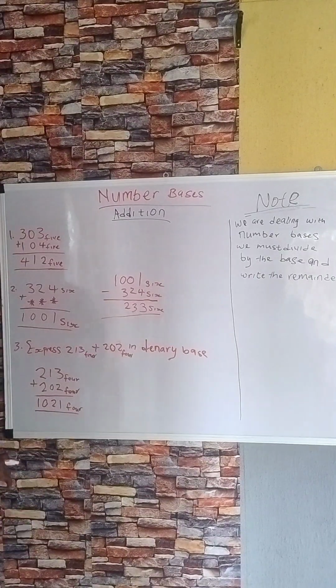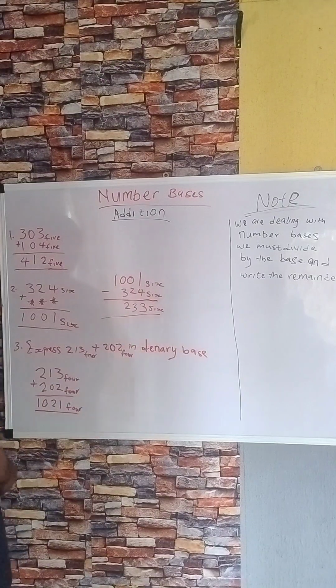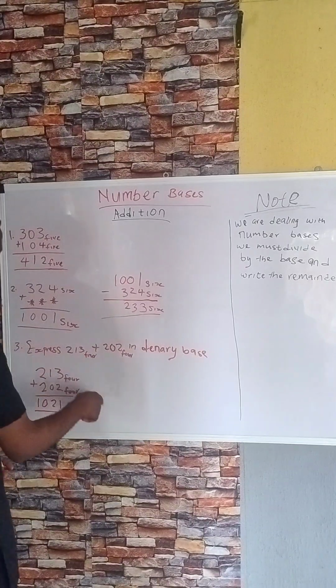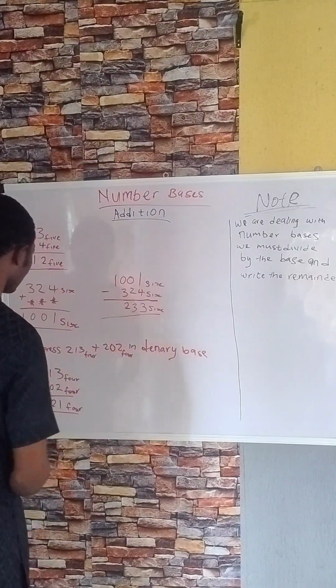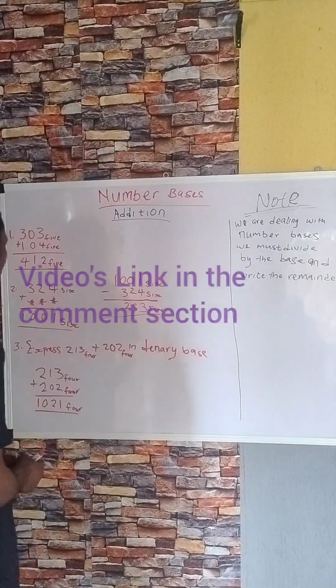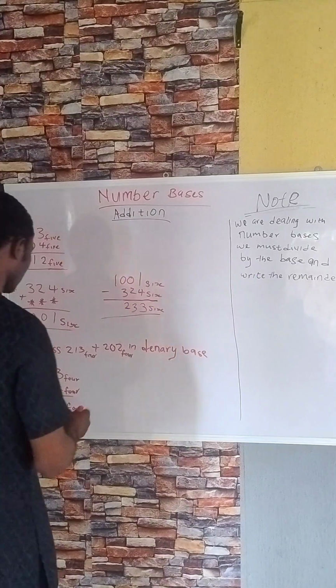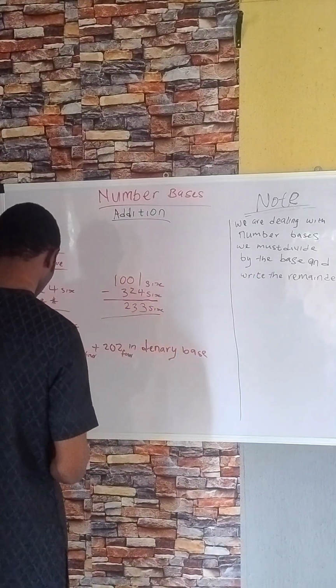So now it said express this in denary base. So this question is not yet done if you leave it this way. To express this in denary base means you have to convert to base 10. I've done a video on conversion in number bases. You have to go check it out to know what we have done here. So I'm just going to skip to write out the answer.